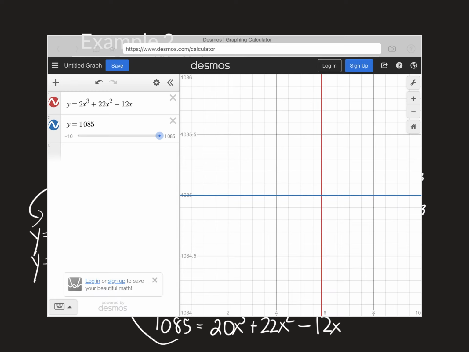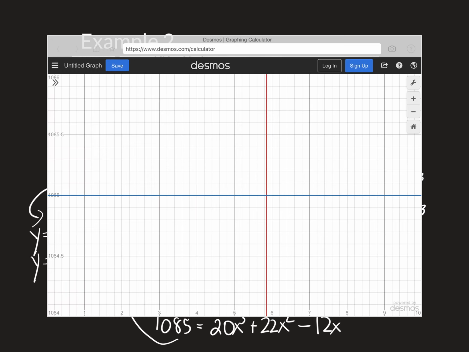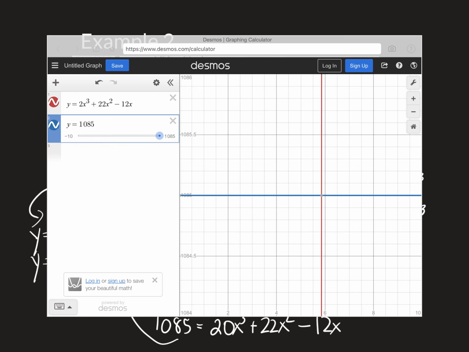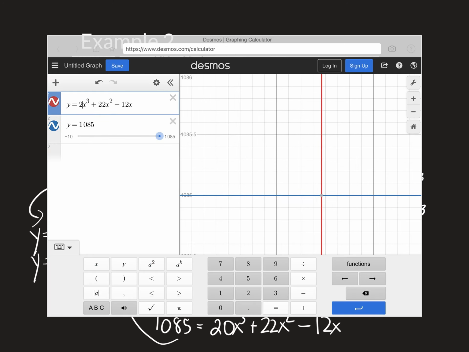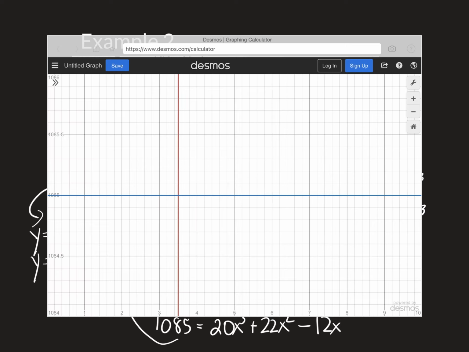Okay, where does the line cross the curve? They cross at 3.5, 1,085. And I made a mistake earlier because that wasn't the correct answer; it should be 20x cubed.